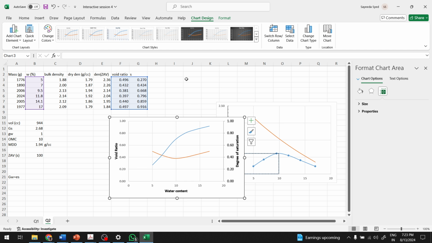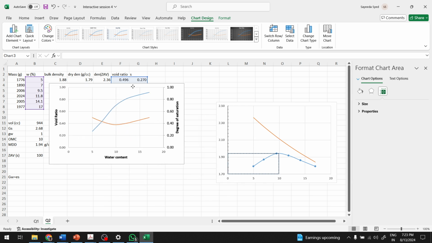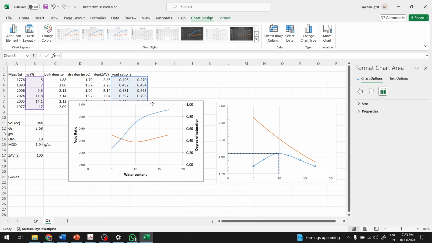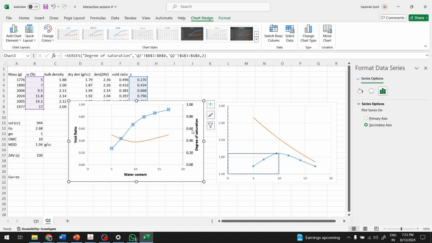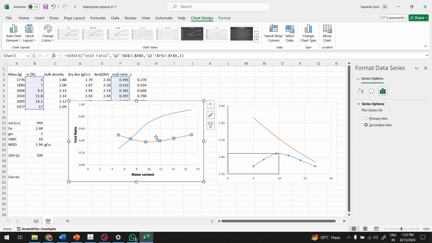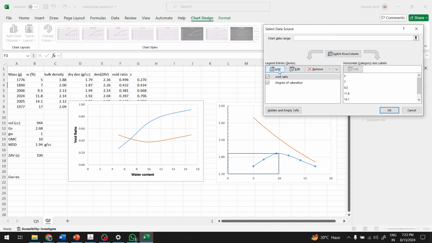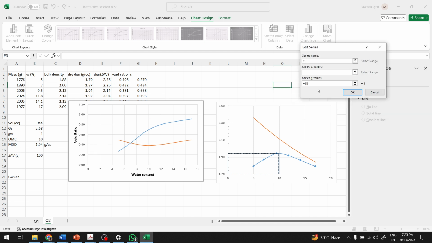That means as density is increasing, void ratio is decreasing, and as density is decreasing, void ratio is increasing. If I plot this on this, I should have, one second. Let me do that actually. Let me plot this on secondary axis, and then I should add a plot, add gamma d, dry density.